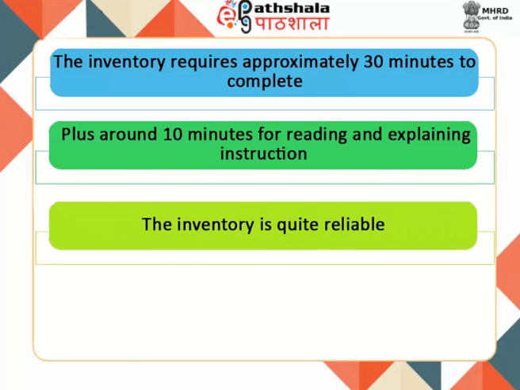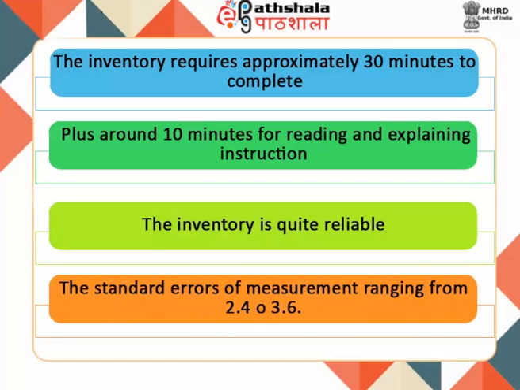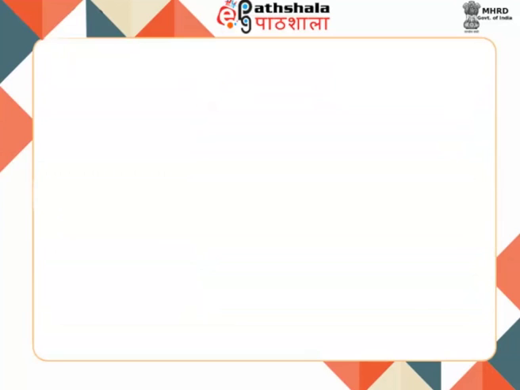The inventory is quite reliable with Cronbach's coefficient alpha for the 15 occupational groups ranging from 0.87 to 0.94 and the standard errors of measurement ranging from 2.4 to 3.6.